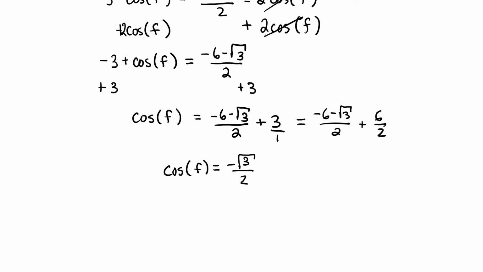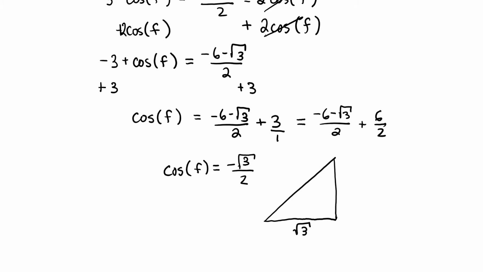Now, we need to find the angle measure that gives us negative root 3 over 2. So you can look on your unit circle chart to find where cosine is negative root 3 over 2, or for those enlightened, y'all can figure it out by using some deductive reasoning. Remember, we're only dealing with two types of triangles, 45-45-90 and 30-60-90, and cosine is adjacent over hypotenuse.